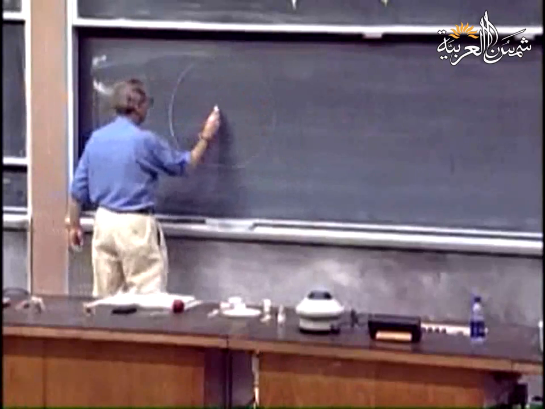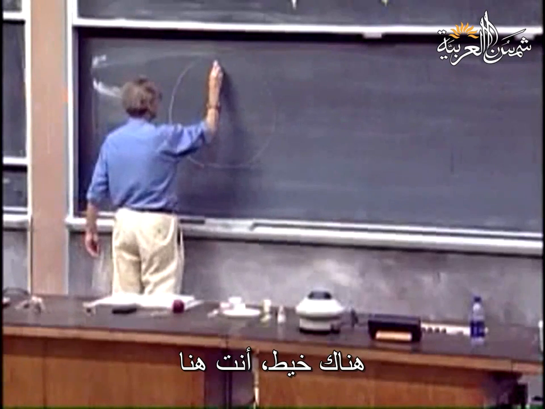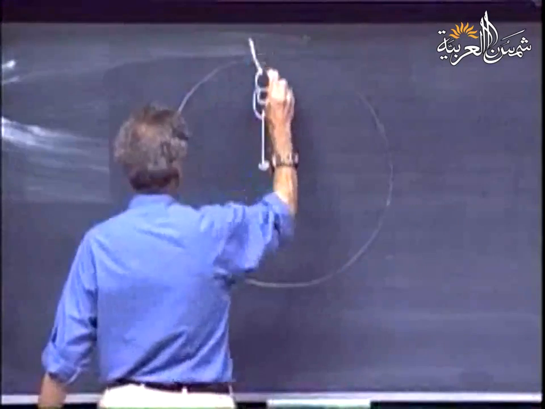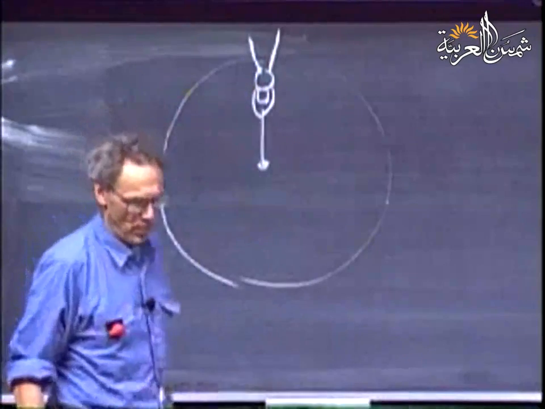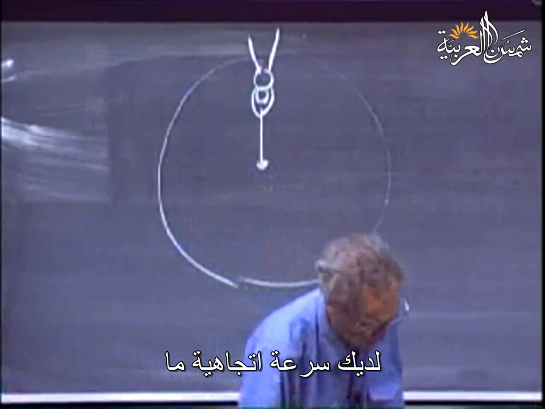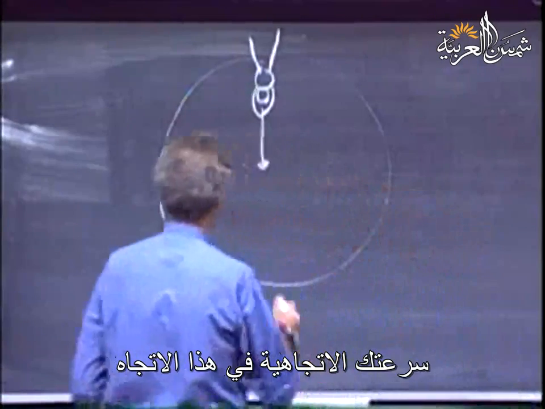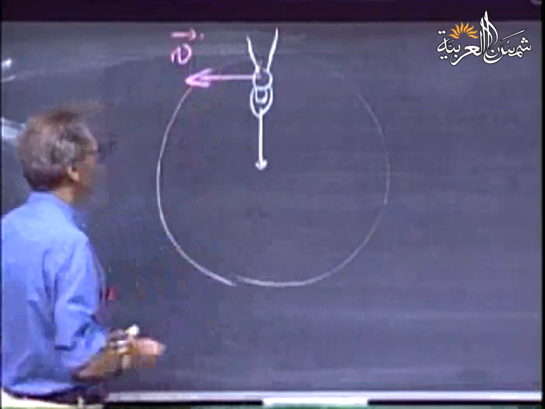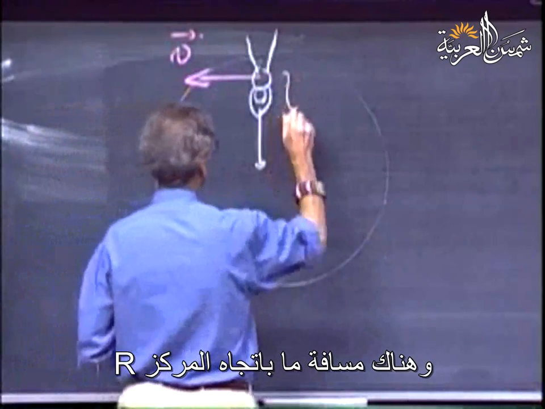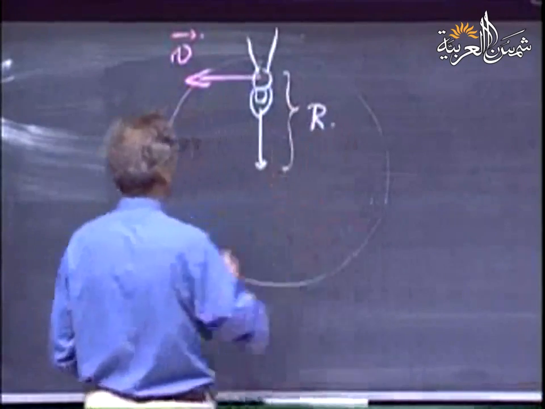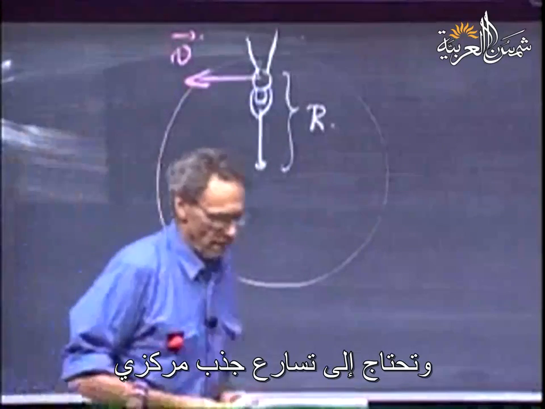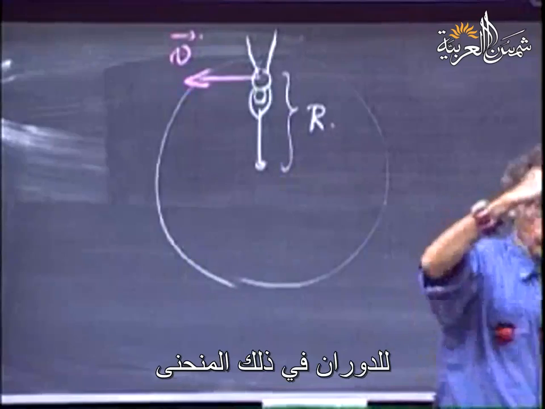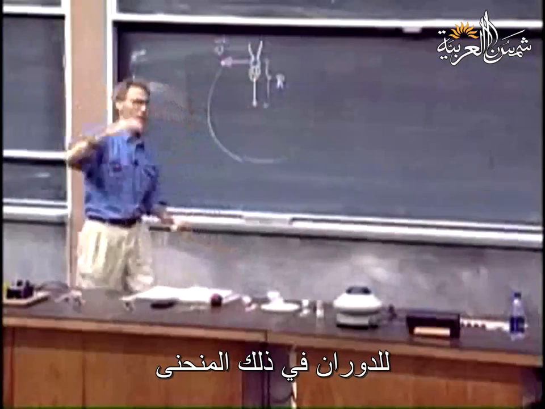This is a circle. There's a string. You're here. Here's the string. And there you are. You have a certain velocity. The velocity is in this direction. And there is a certain distance to the center, r. And so you need a certain centripetal acceleration to go around in that curve.